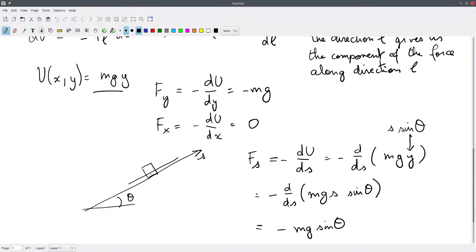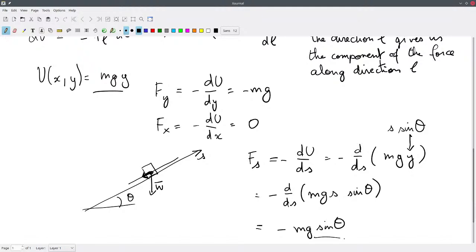And that gives us the component of the force due to gravity. So this is the weight itself, the full force. But the component along the s direction is going to be negative, which we see by virtue of the minus sign here, and it's going to be decreased by a factor of sine theta.